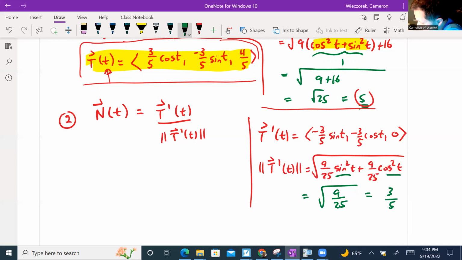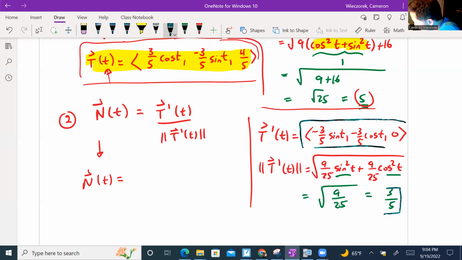So to calculate N of t, I'm going to take my T prime and divide out 3/5 from each of those components. So negative 3/5 divided by 3/5 would be negative 1, so this will be negative sine t. Negative 3/5 cosine divided by 3/5 would be negative cosine t.